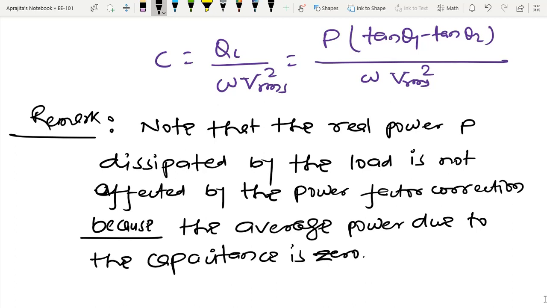From this portion, at least you are able to understand that if you are not maintaining the proper power factor correction, then you have to pay a lot. So whenever you are going to buy some device for your domestic use, please look at this point very carefully. Otherwise you have to pay an extra charge to the power generation company.